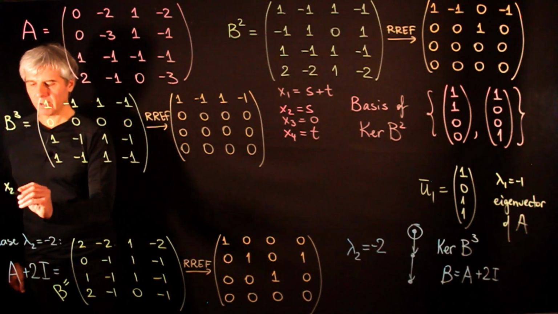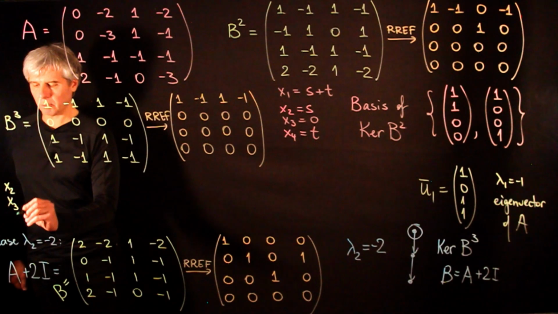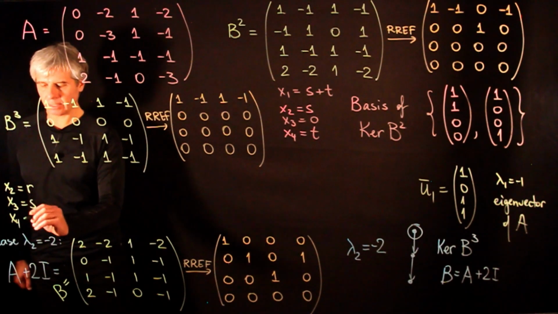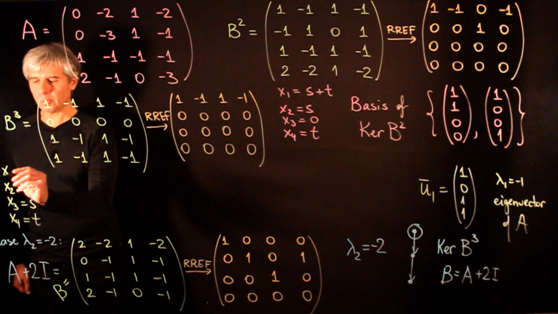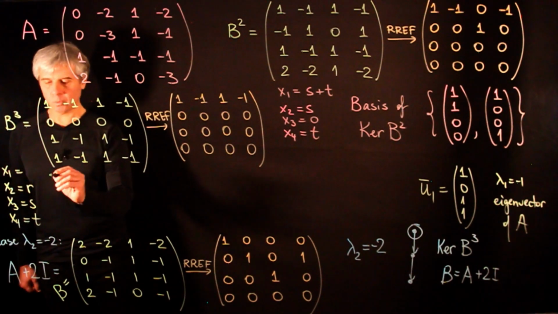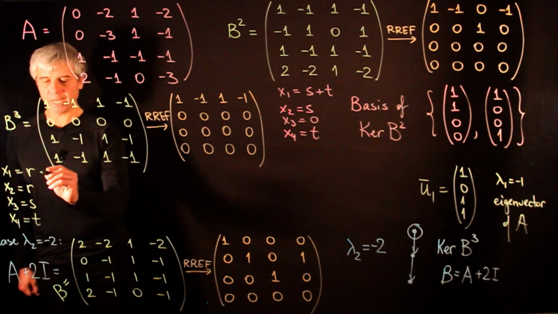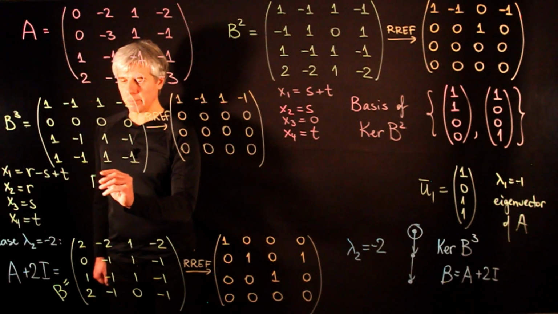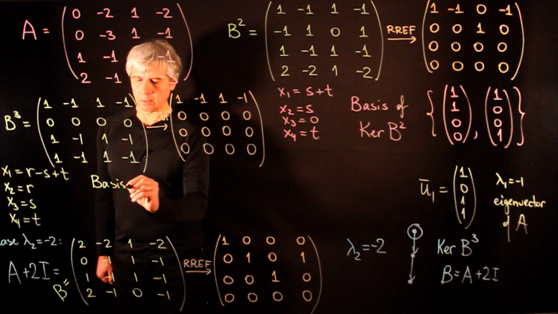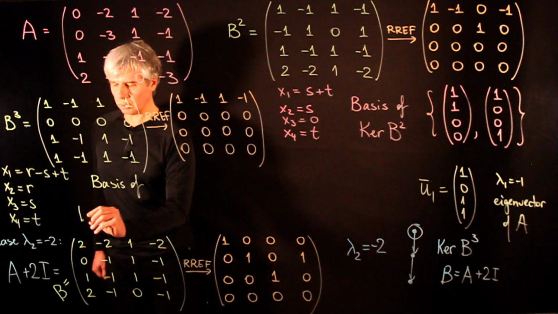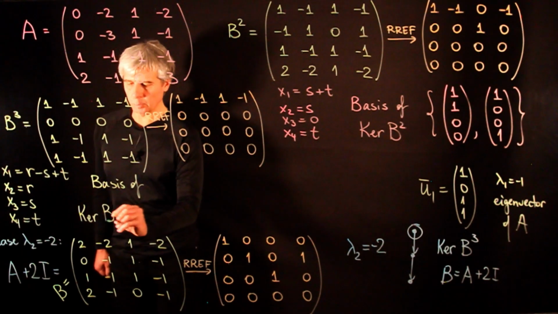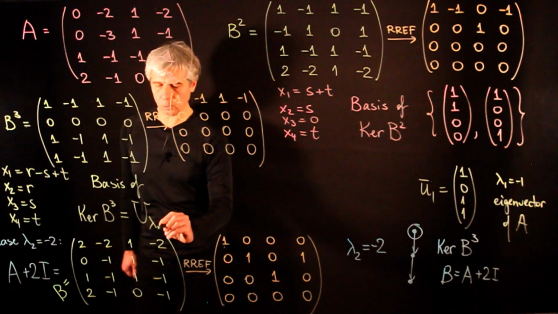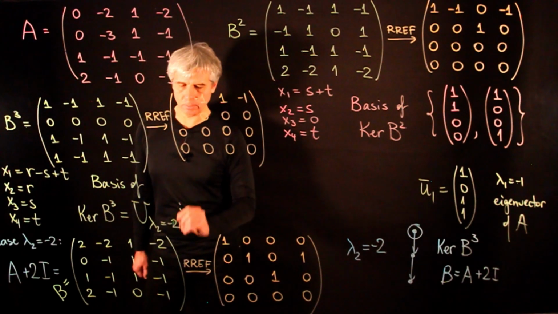Here the free variables are x2, x3, and x4, and we assign parameters r, s, and t. From the first equation, x1 will be equal to r minus s plus t. This gives us the basis of the kernel of B cubed, which is equal to the root space for lambda equals -2.